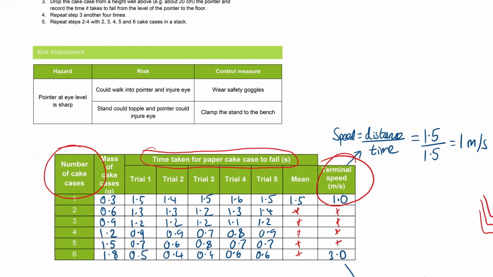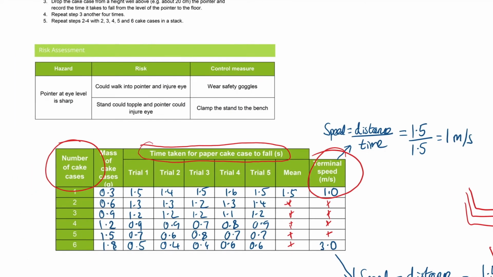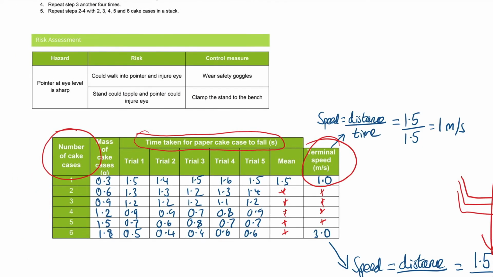Your conclusion will be something like this. As the number of cake cases increases, the terminal speed also increases, and we can see that from the table.